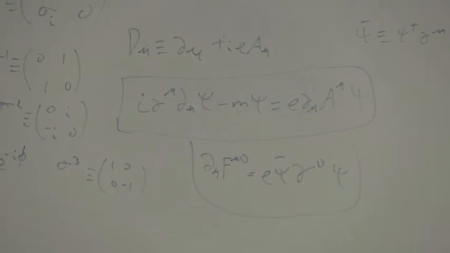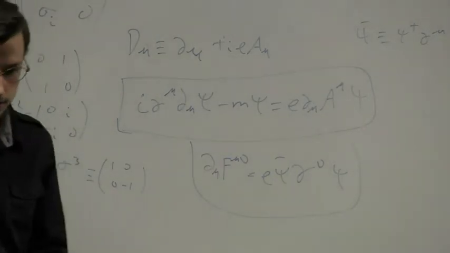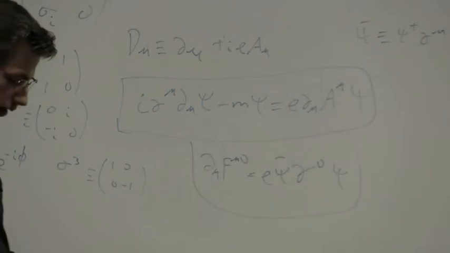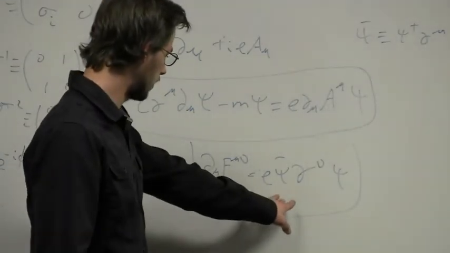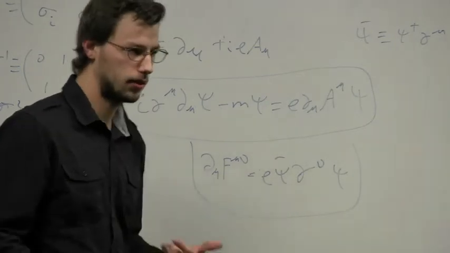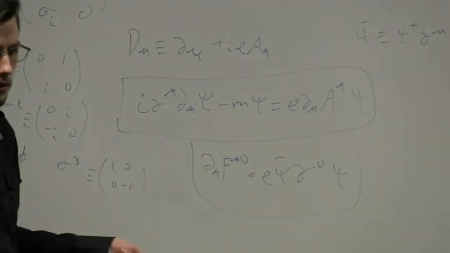So we won't go through that here, but I could work it out after the lecture, and it's essentially just applying this, but phi is now A. And it's not that difficult if you just keep track of your minus signs and such. And so what you get is this. F mu nu is the electromagnetic field tensor.